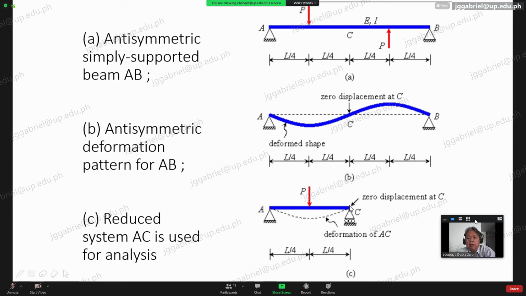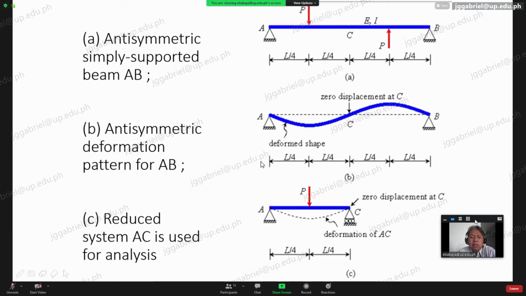Okay. Then you will have a roller in here so that it can facilitate rotation. Okay, but you will have the 0 displacement. When you say 0 displacement at C, that's the vertical displacement. Okay.